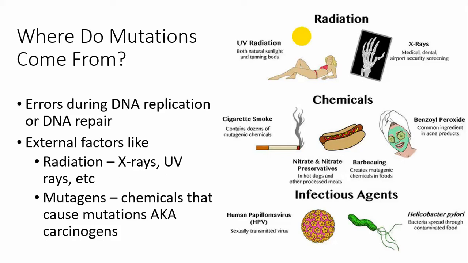You can also have three major external factors. Radiation. So anything that gives you UV radiation can give you a mutation, a change in your DNA. X-rays. There's a lifetime level of radiation dosage you need to stay below in order to ward off risks of certain cancers.